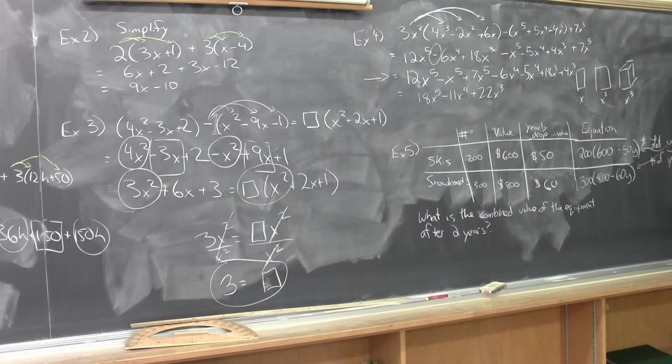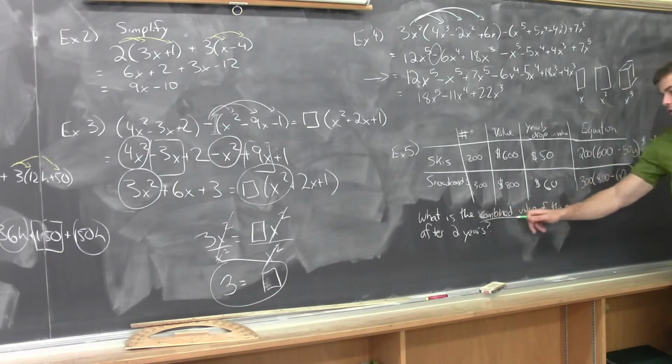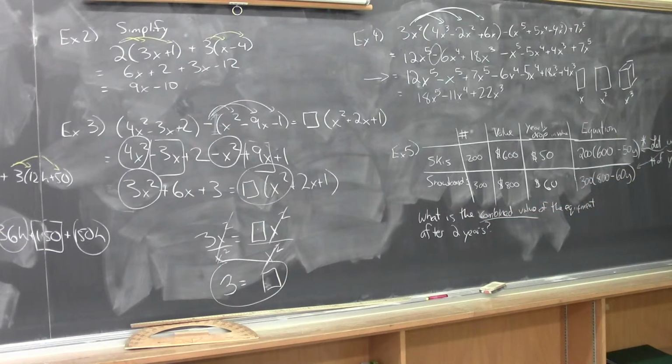But it says, what is the combined value? So what do I got to do? How do I find the combined value of the equipment after 2 years? The combined value of the skis and the snowboards after 2 years.